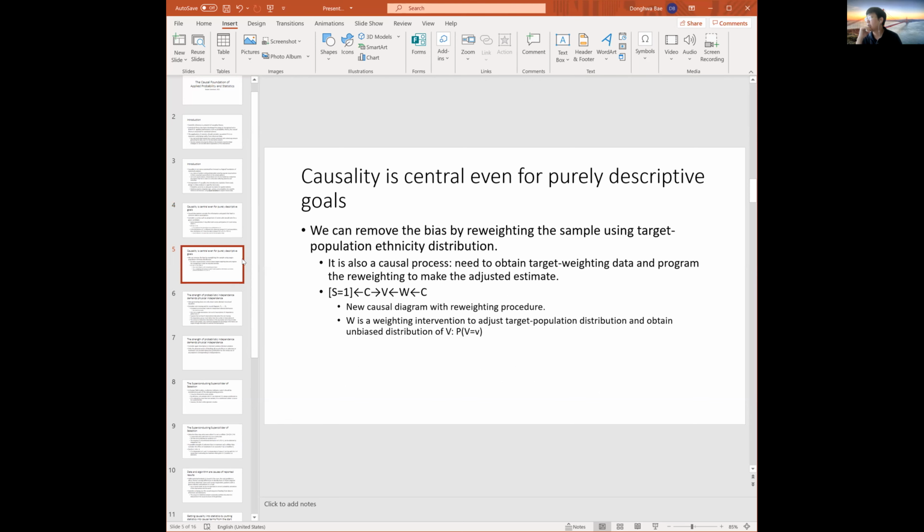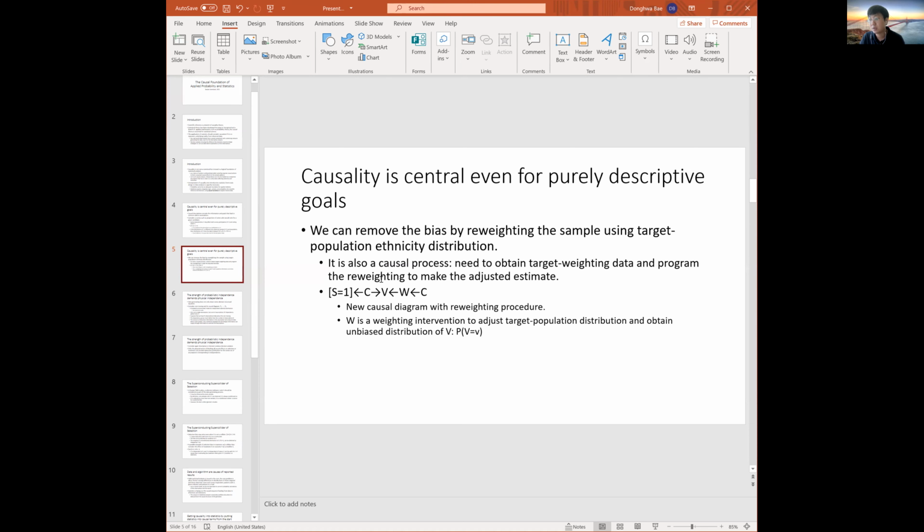So we already talked about this part, but we can remove that selection bias by reweighting the sample using the target population's C distribution. But it is also a causal process that needs to obtain target weighting data and perform the weighting to make the adjusted estimate. So we have a new causal diagram with a reweighting procedure.